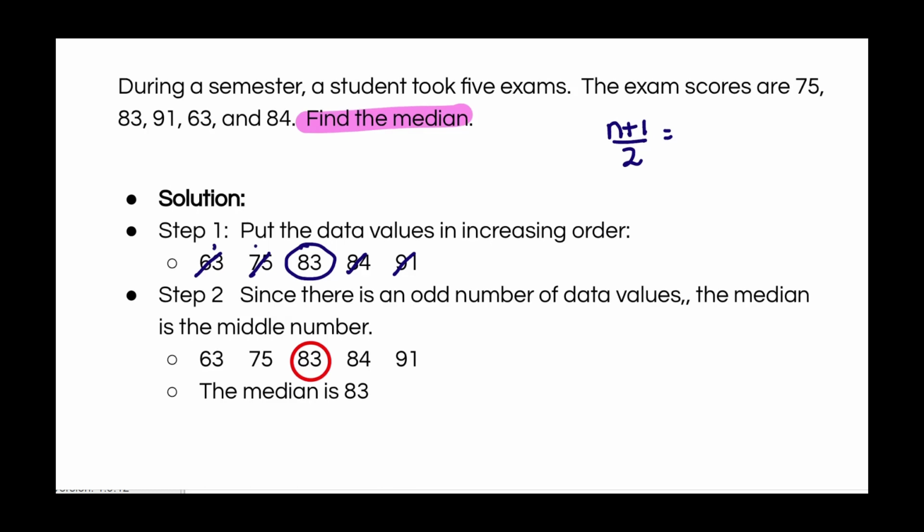So there's 1, 2, 3, 4, 5 numbers. So I would say 5 plus 1 over 2 would be 6 over 2, which is 3. So it would be the third number. So check this out. 1, 2, 3. So that's the other way that you can do it by using that formula, although I usually just start crossing off the ends until I get to the middle.